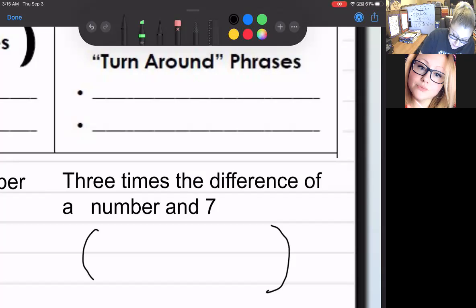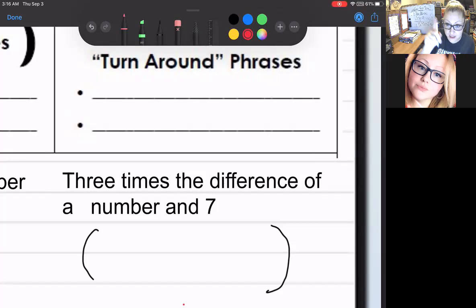So that means, see, I almost got tricked up. 3 times the difference of a number. 3 times the difference of a number and 7. Okay. That's how 3 times the difference.